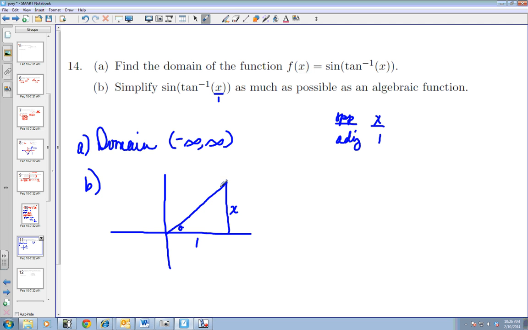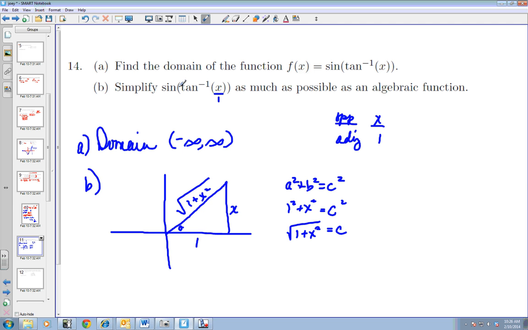Now, using the Pythagorean theorem, I can figure out what this side is, because a squared plus b squared equals c squared. My a is 1, my b is x, so 1 plus x squared equals c squared. To solve for c, I take the square root of both sides. So this side is the square root of 1 plus x squared.